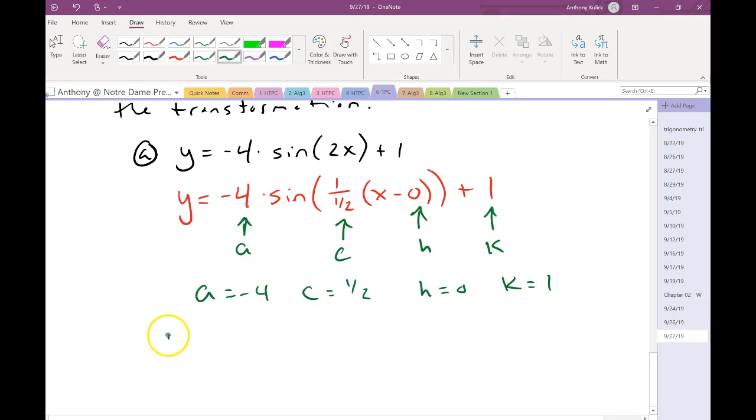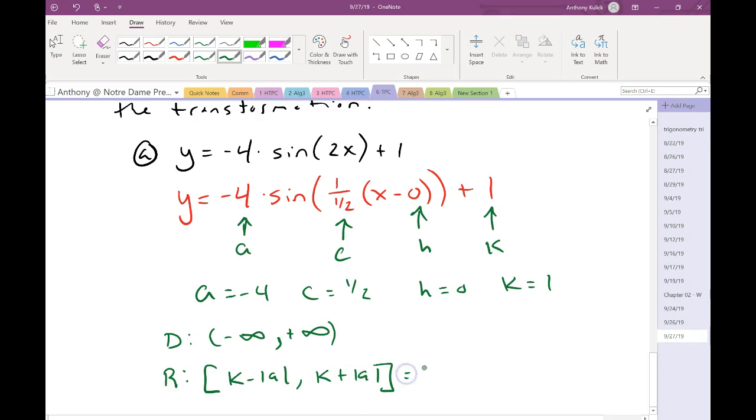So, the domain for all sine or cosine functions is always all real numbers. Not much to do there. The range is the interval from k minus the absolute value of a to k plus the absolute value of a.